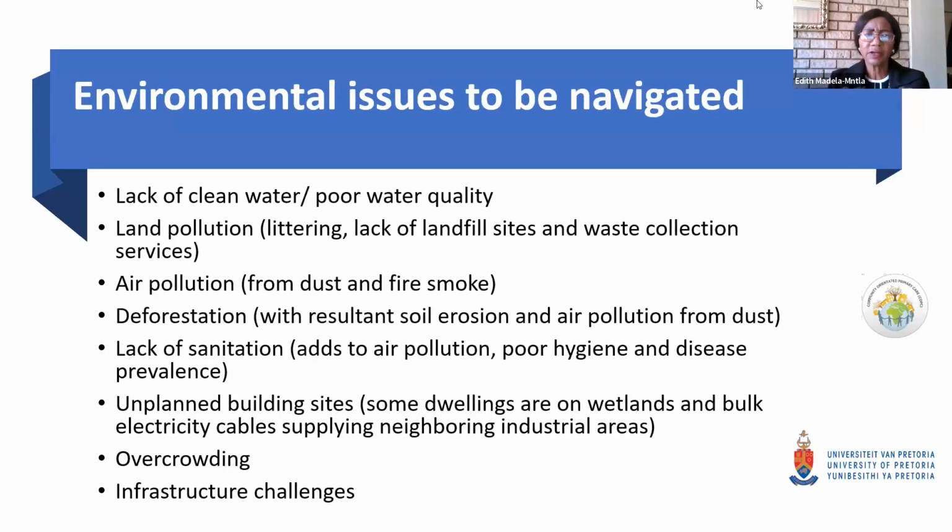But then what are the environmental issues that we have to navigate? Informal settlements in particular have a lack of clean water and poor water quality. There's land pollution, there's air pollution, there's deforestation, there's lack of sanitation, there's unplanned building sites.